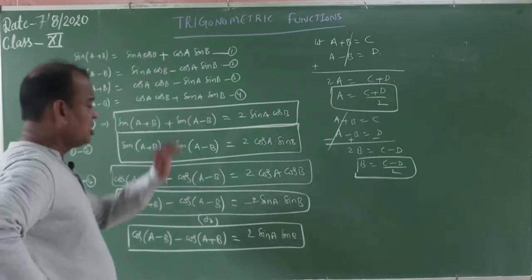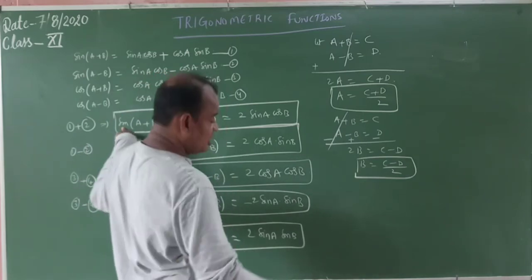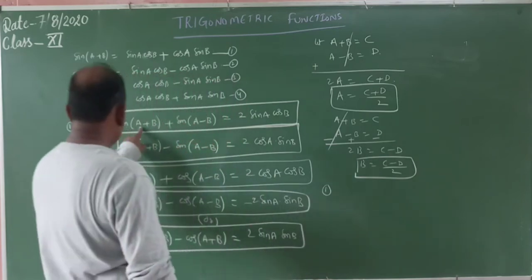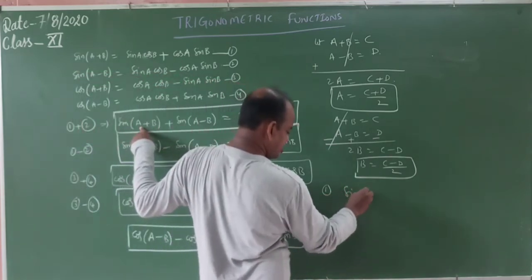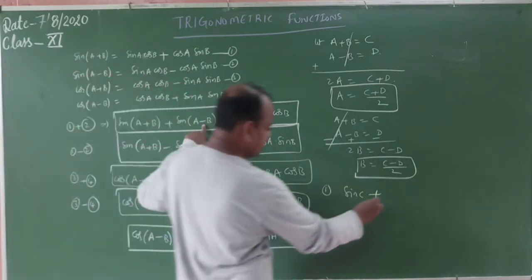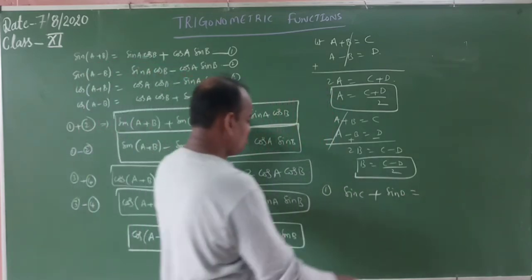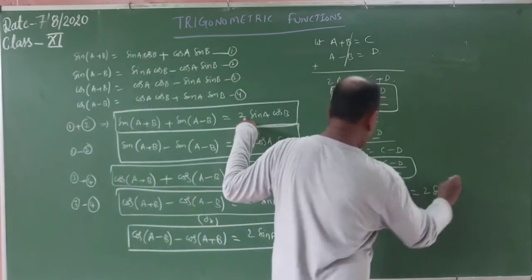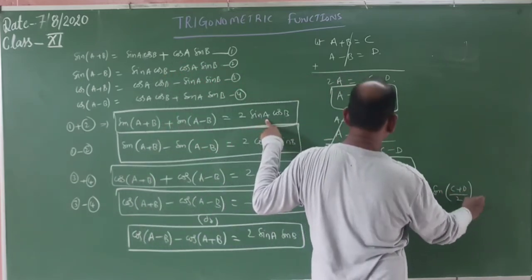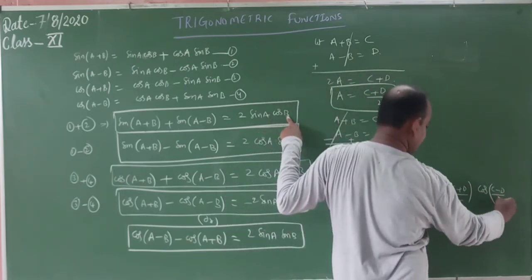Now substitute those values here. First, observe that this is equation number 1. Now 1, 2, 3, 4, 5 completed, next one. First one: sin C plus sin D is equal to, what is the formula? 2 sin A, A meaning (C+D)/2, into cos B, B value (C-D)/2.